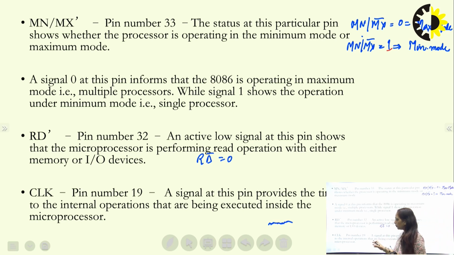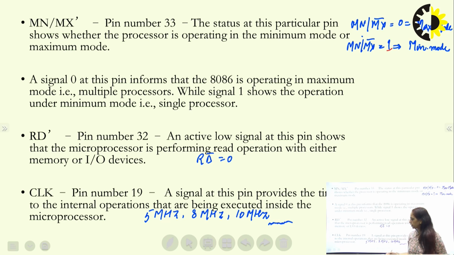The clock frequency used by 8086 is 5 megahertz, 8086 version 1 is using 8 megahertz, and 8086 version 2 is using 10 megahertz, right?